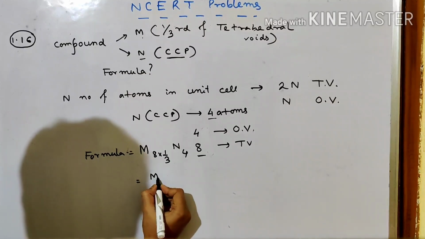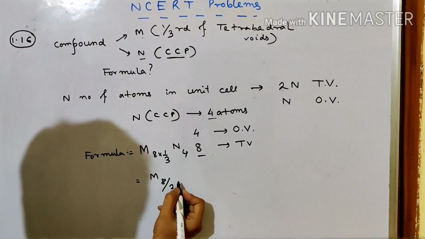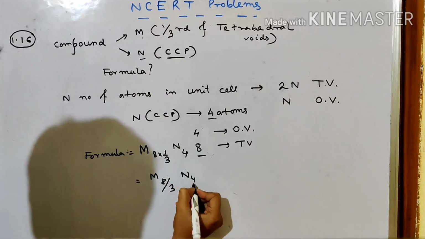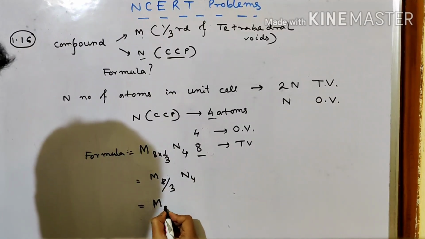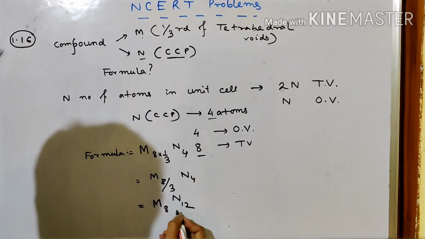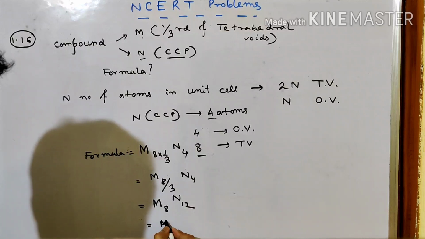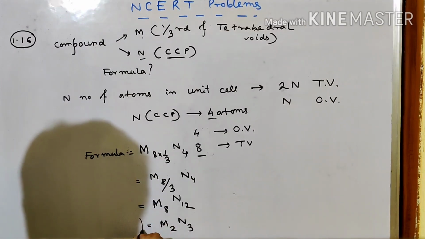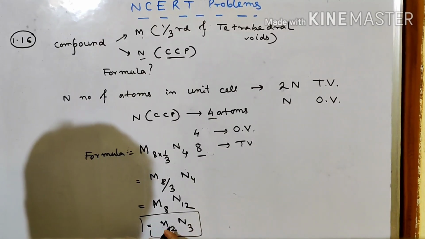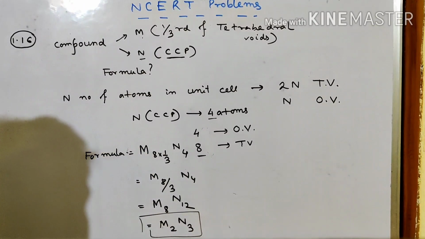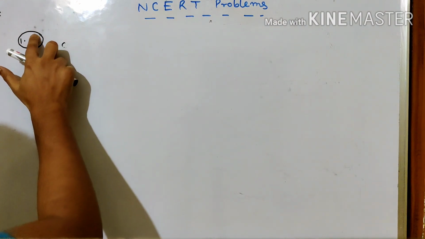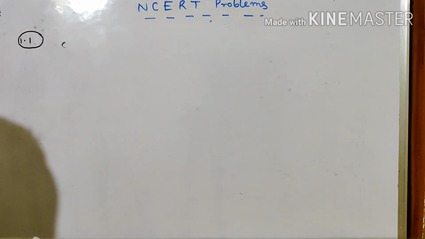So it should be M 8/3 N4, that means M8 N12. We take the simplest form, M2 N3. So that should be the formula, M2 N3.